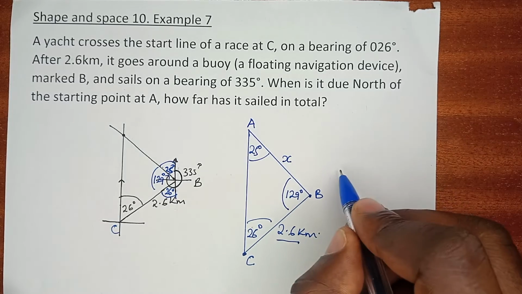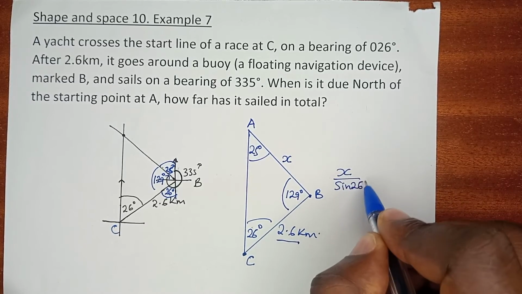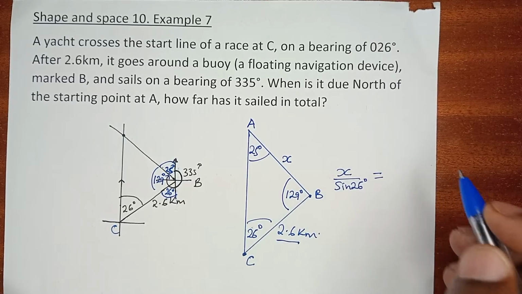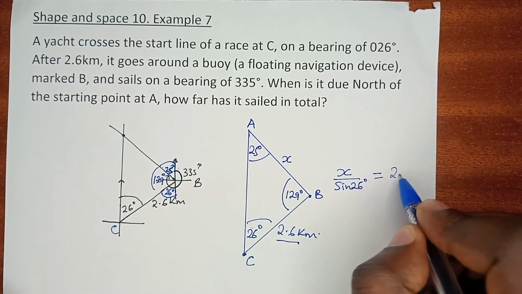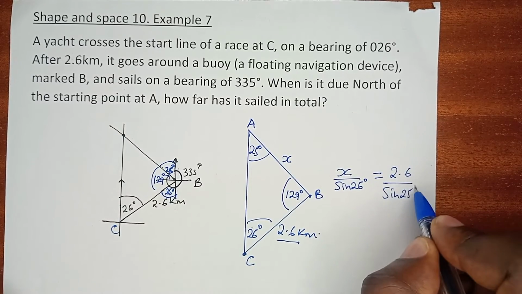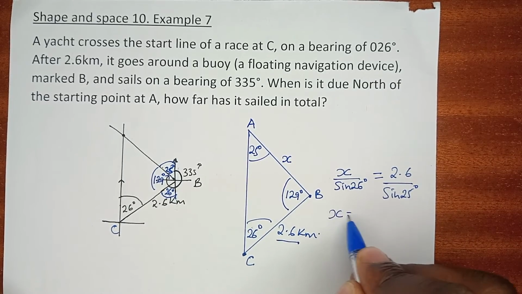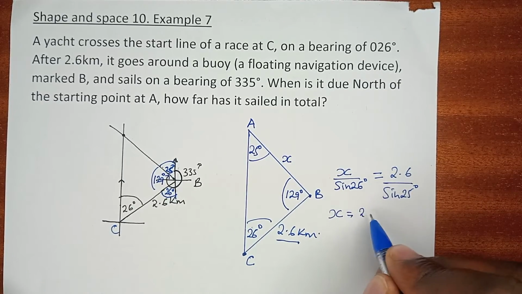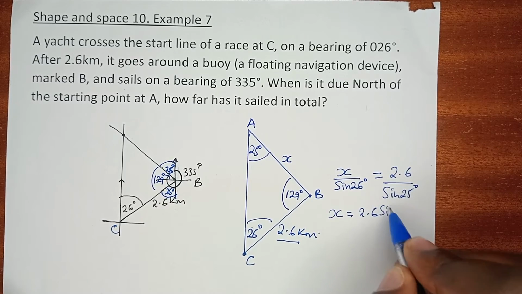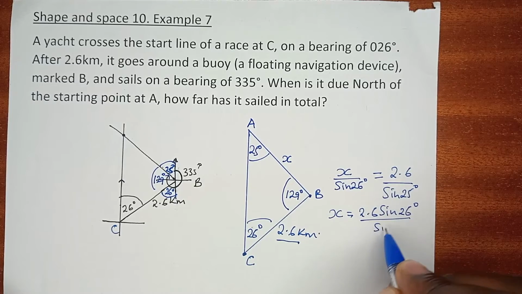As we know, X over the sine of 26 degrees is equal to 2.6 over the sine of 25 degrees. We need to make X the subject of the formula. X is equal to 2.6 multiplied by the sine of 26 degrees, everything over the sine of 25 degrees.